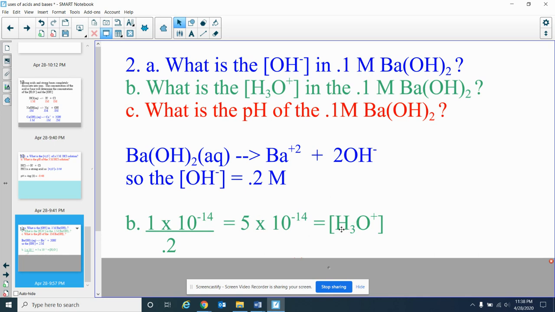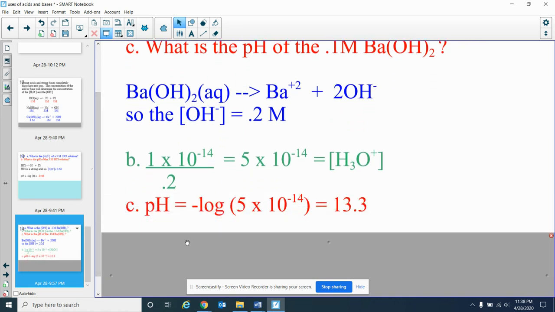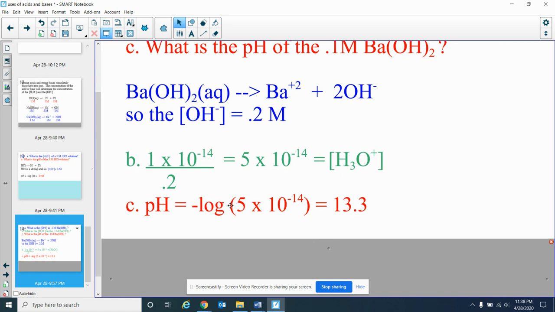So the H3O plus is 5 times 10 to the minus 14th. And then to get the pH, that is minus the log of the H3O plus concentration, and the pH of that is 13.3. That makes sense because Ba(OH)2 is a strong base, so the pH should come out to be a high pH. Okay, so that is calculating the pH of strong acids and bases.